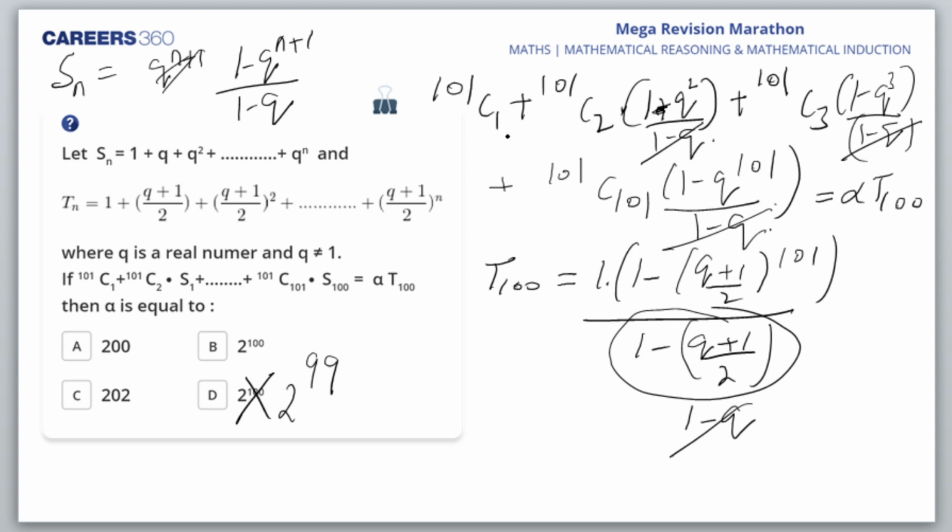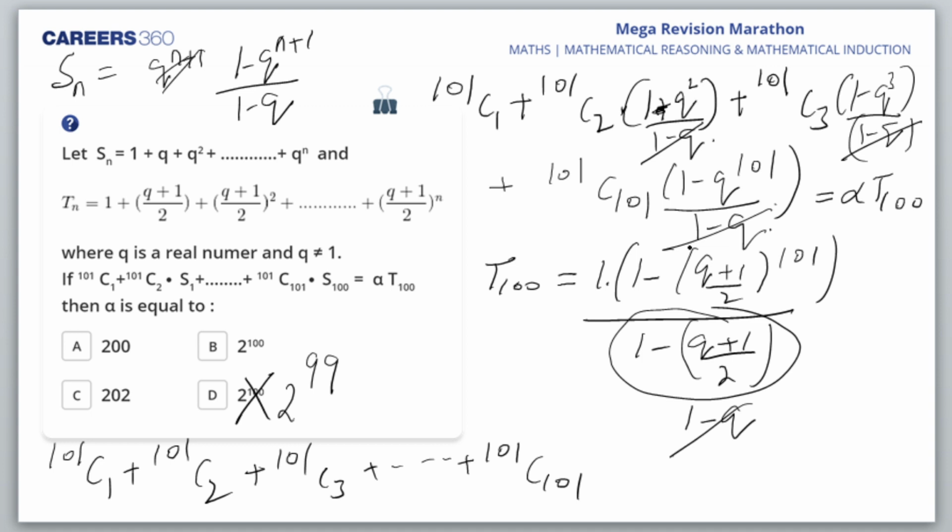So what is this? What do I get? I go to the next. The left hand side of this would be 101C1, 101C2, 101C3. I split these terms, till 101C101.